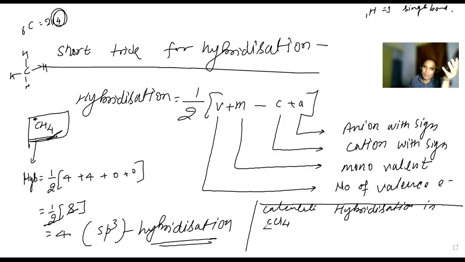CCl4. Can you calculate CCl4? Can you try this one? Yes, sir. Try. Chlorine, all the chlorine forms a single bond, keep that in mind. All the chlorine will form single bond only.